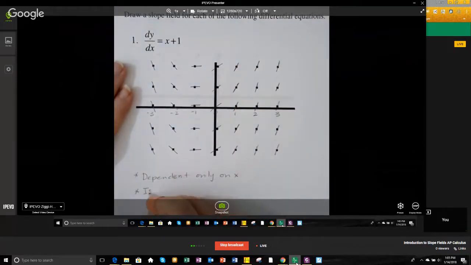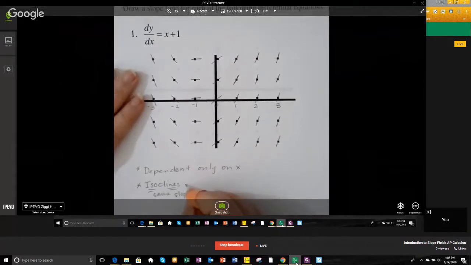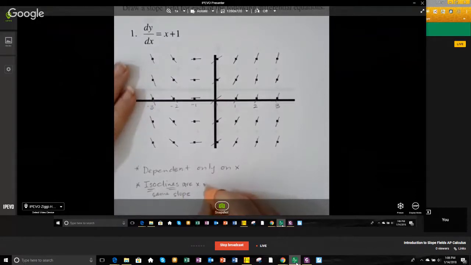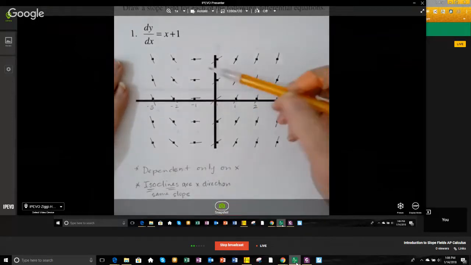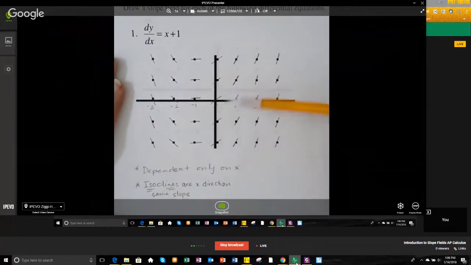So the isoclines, iso meaning same, cline meaning slope. So isoclines are in the x direction. This has an isocline of the slope of 0, and 1, 2, 3, 4, and vice versa.